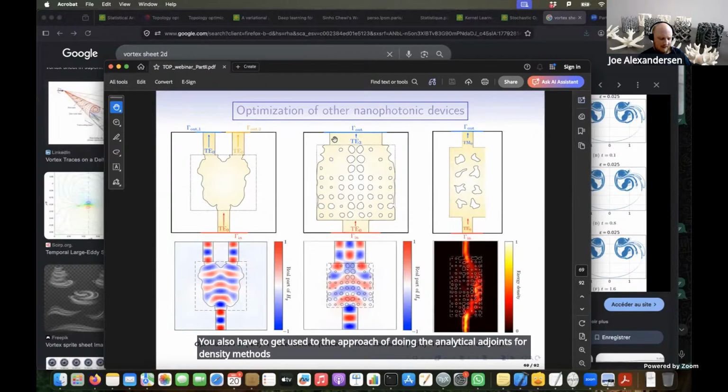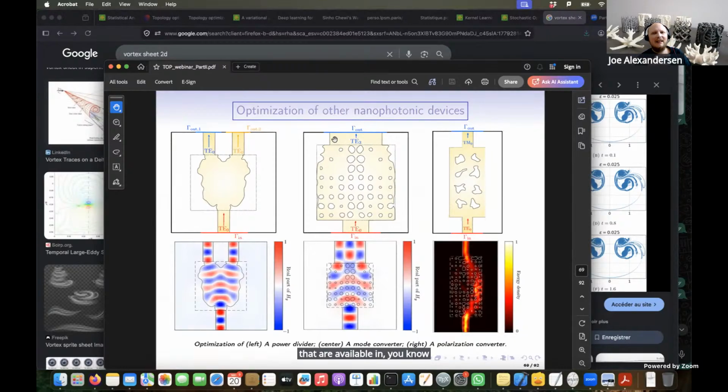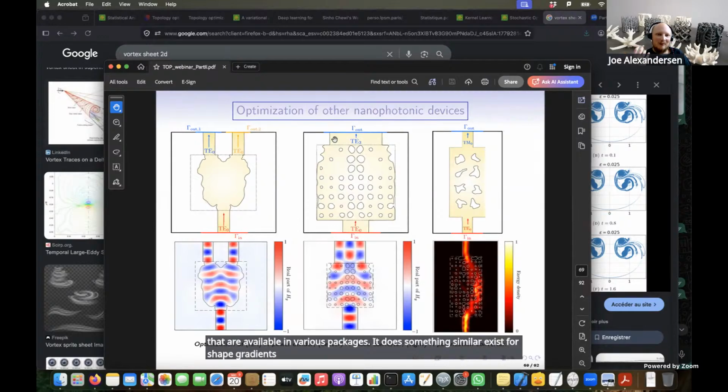But for density-based methods, we can really exploit these automatic differentiation tools that are available in various packages. Does something similar exist for shape gradients? Can you automatically derive these gradients without having to do all the hard work?